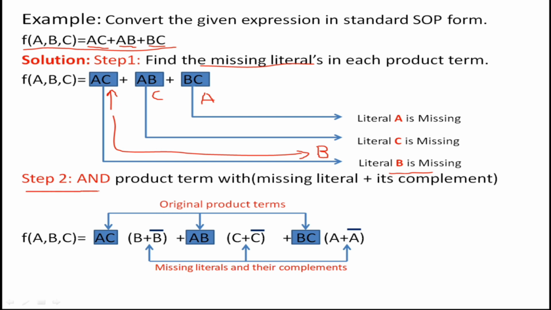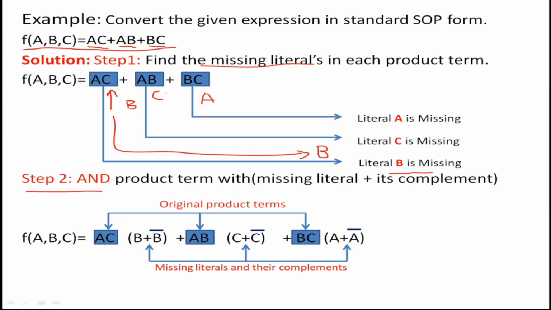Now in step 2, we have to AND the product terms with the missing literal plus its complement. In the first term, the literal B is missing, so we AND the product term AC with the missing literal and its complement, which is B plus B bar.